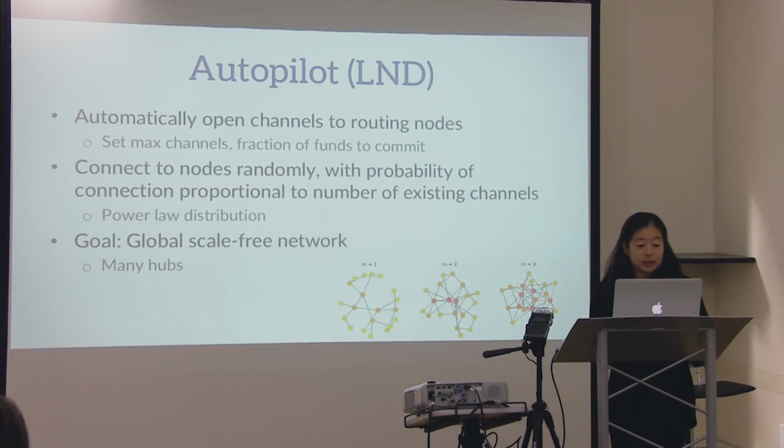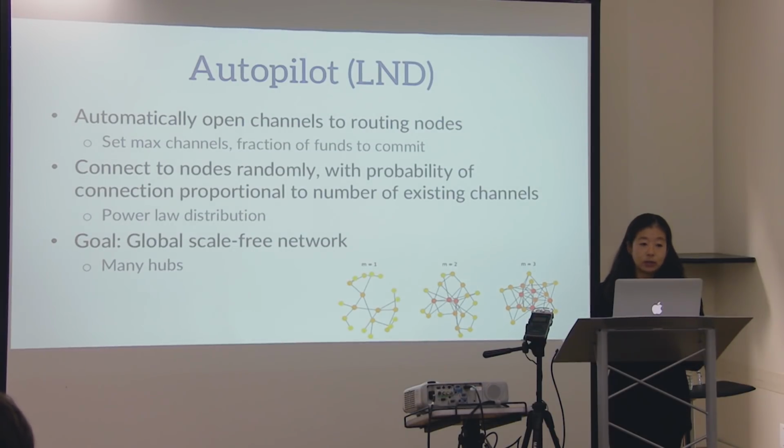Okay, so the way Autopilot works is that it opens channels to nodes. The user can specify the maximum number of channels it wants and the fraction of funds to commit. And then Autopilot will select a random set of nodes to connect to. The probability of connecting to a node will be weighted proportional to the number of channels that a node already has, according to a power law distribution.